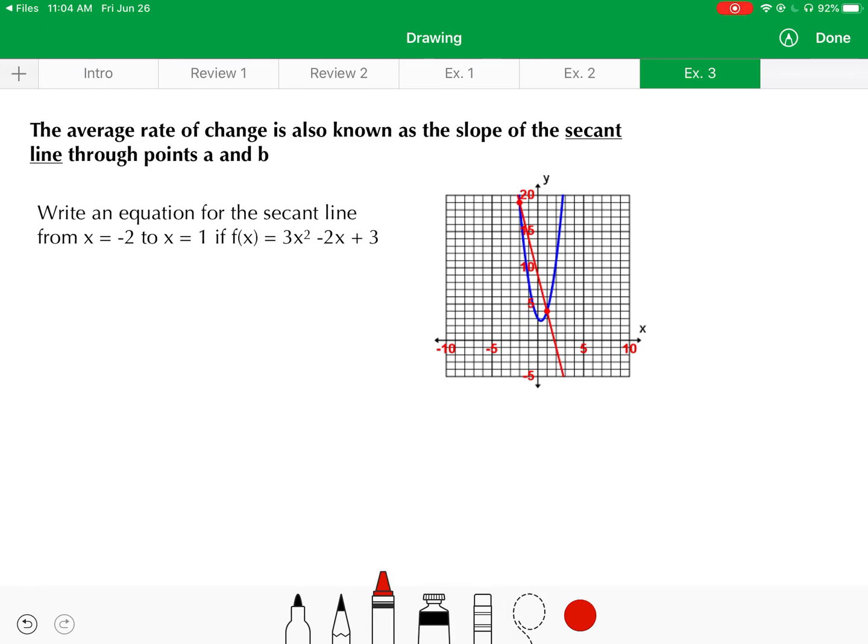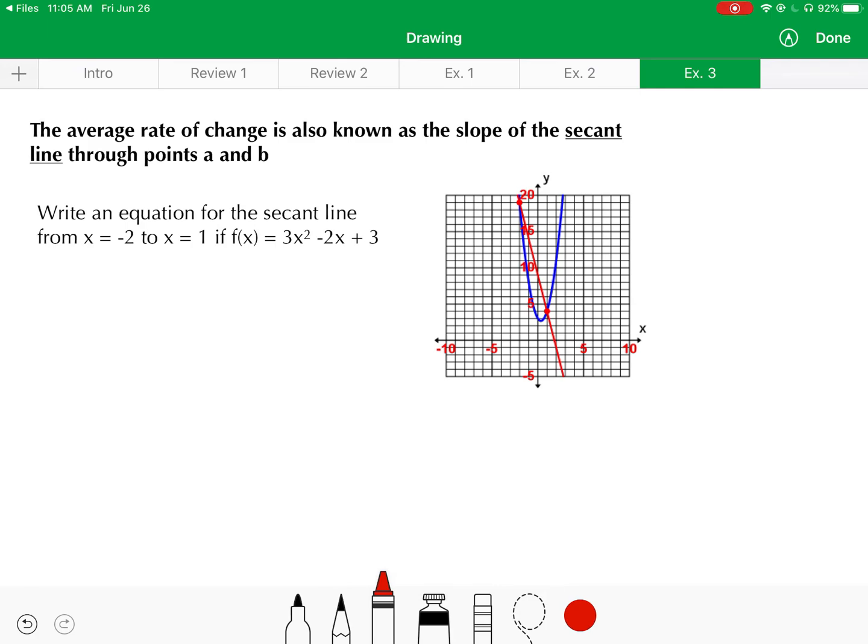The average rate of change can be thought of as the slope of a secant line that passes through points A and B on any given curve. So notice in my graph here, I have in blue the graph of a parabola. This is a quadratic equation that's been graphed.